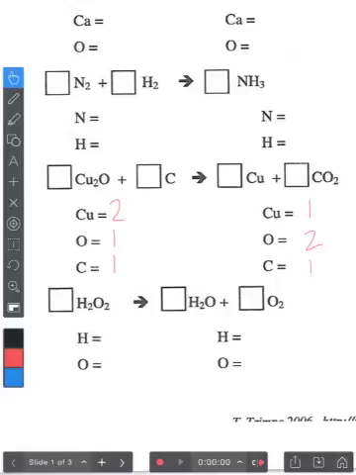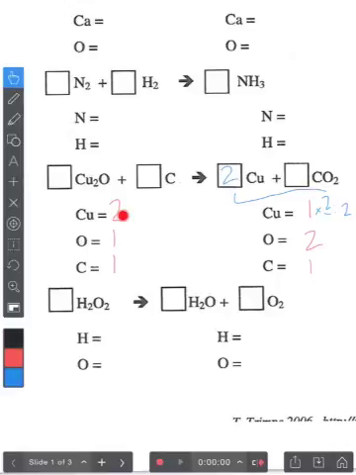So, what we have to do is think what times what would equal 2, because again, we're trying to get the coppers to both equal 2. Well, of course, it's 2. So I take that 2 and I put it in the subscript on the product side. And that just changes the copper to 2.